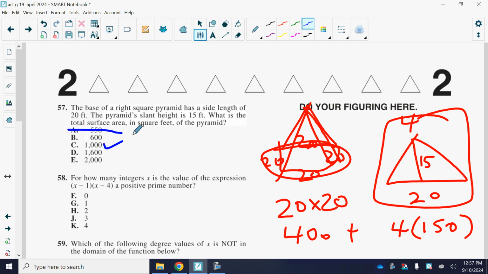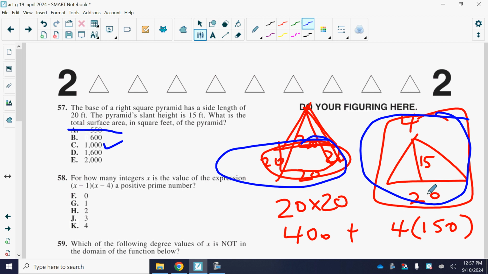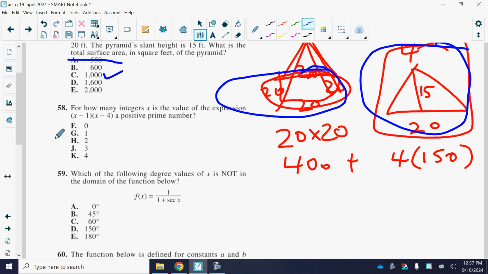Surface area here is 1 square plus how many? 4 triangles. Try as you might, you're not going to get a positive prime number. So the answer is 0. Think about it. If x starts at 1, that's no good. 1 minus 1 is 0. And then all the first few are negative.